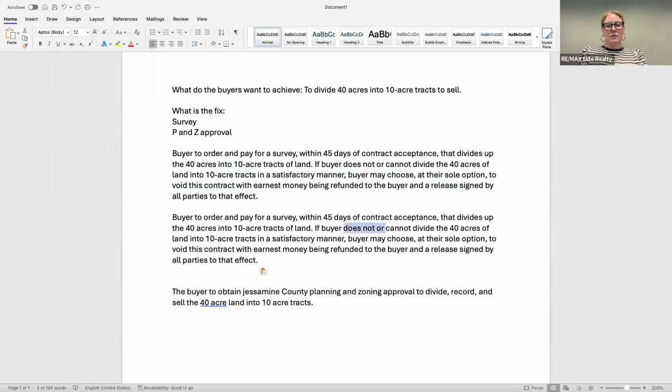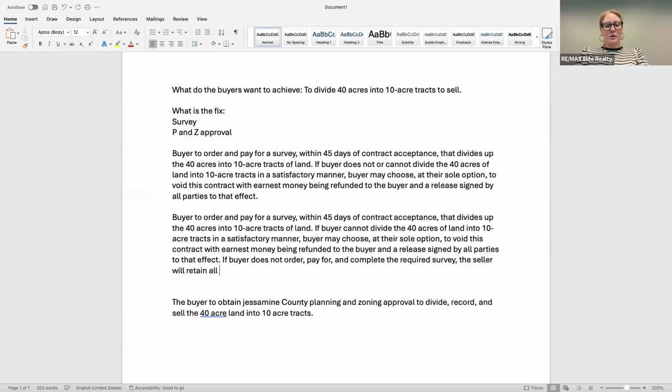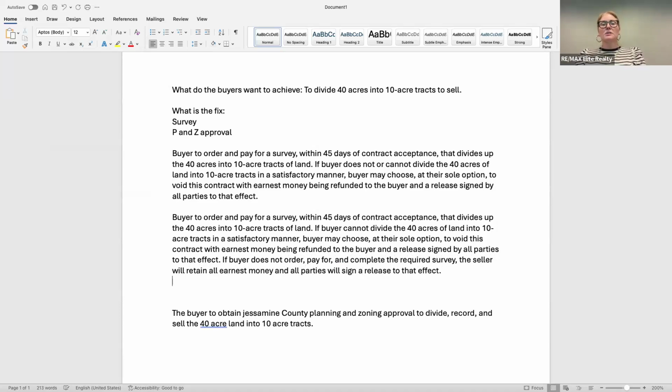If buyer cannot divide the 40 acres of land, then you would come here and put, if buyer does not order, pay for, and complete the required survey, the seller will retain all earnest money and all parties will sign a release to that effect.